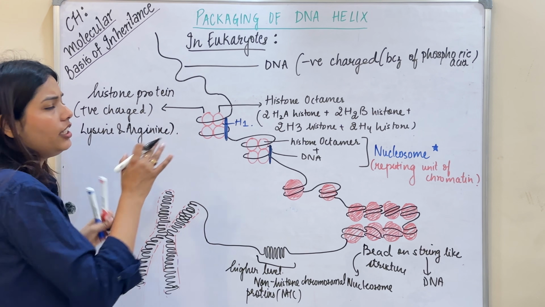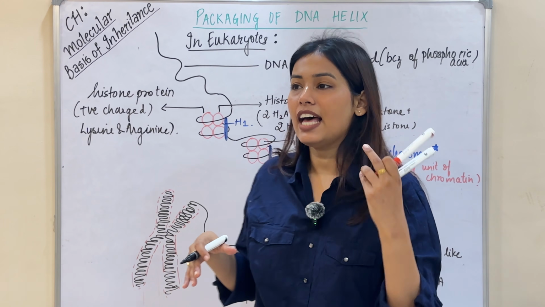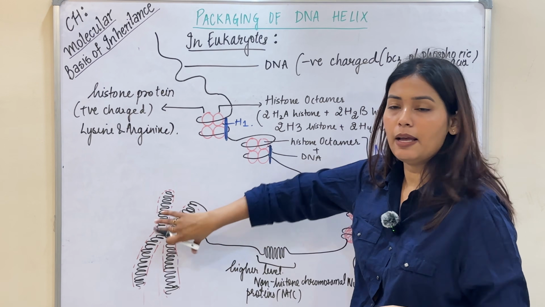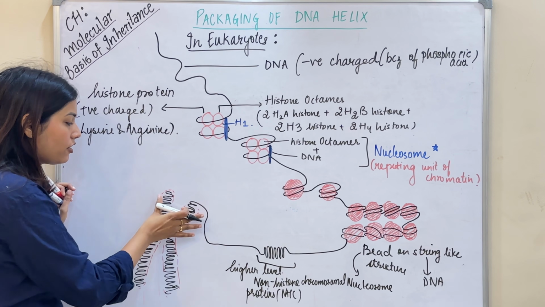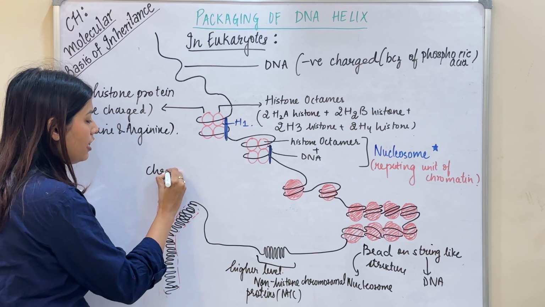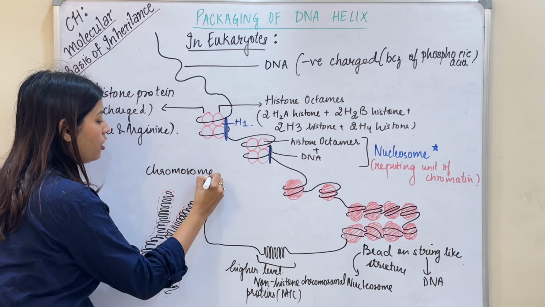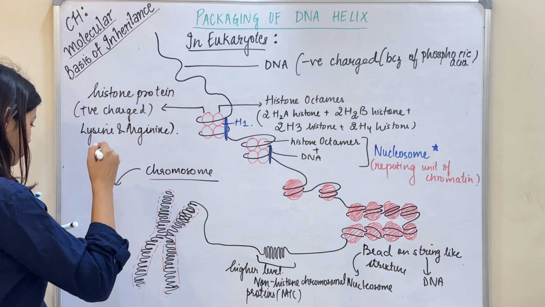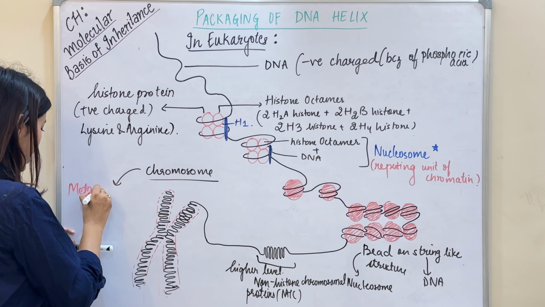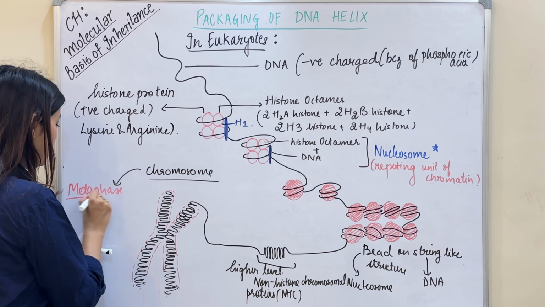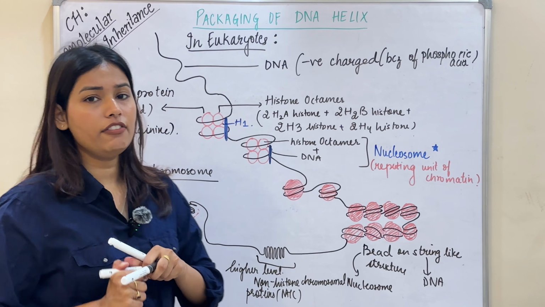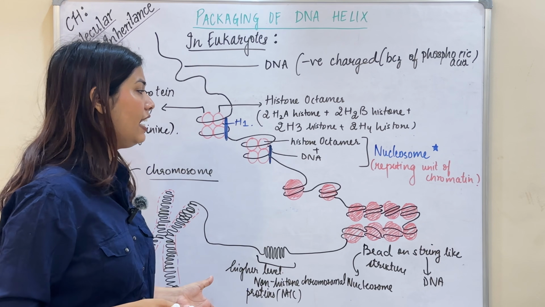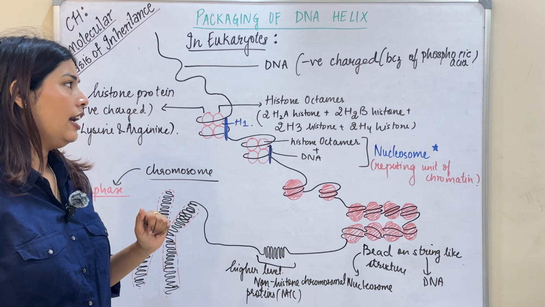And during cell division, they are going to condense themselves and form an X-shaped structure, which is called the chromosome. Chromosomes are best visible at the metaphase stage. So I can easily see the chromosome during cell division at the metaphase stage. So this is how the packaging of DNA is done in eukaryotes.